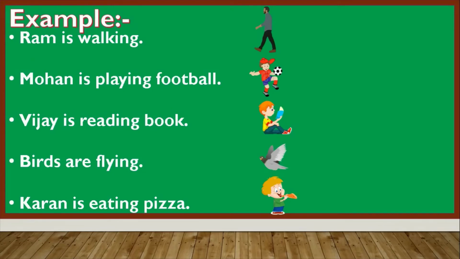Let's see some example sentences and see the pictures also in front of them. Ram is walking. Mohan is playing. Vijay is reading a book. Birds are flying. Karan is eating pizza.